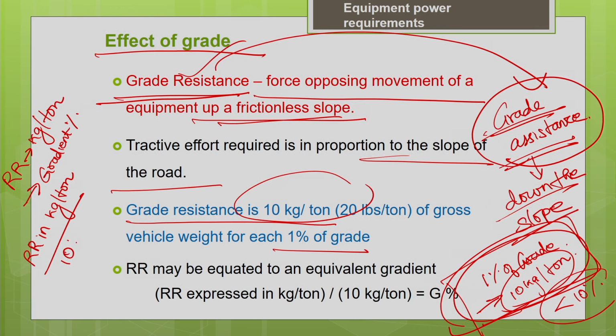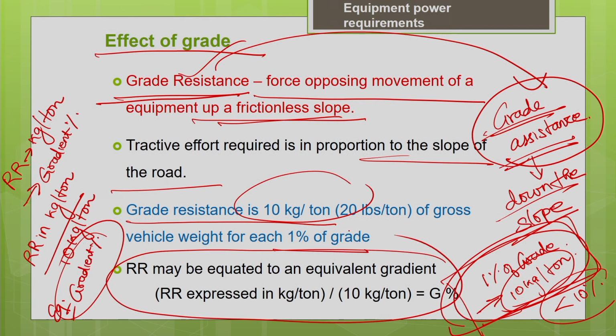So you divide it by 10 kg per ton, and you will get the equivalent gradient percentage. For your convenience, you can have both the rolling resistance as well as the grade resistance, both in terms of gradient percentage.